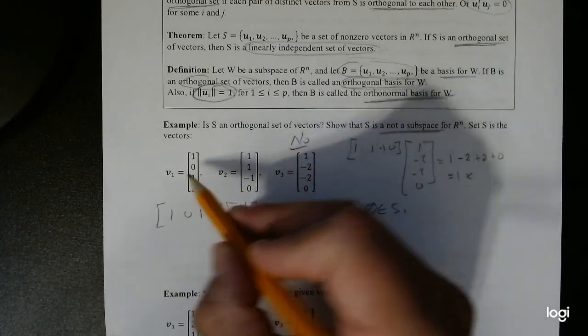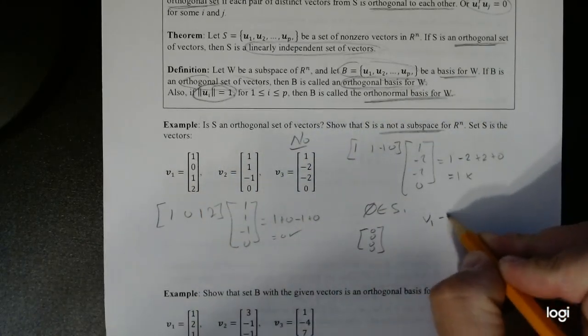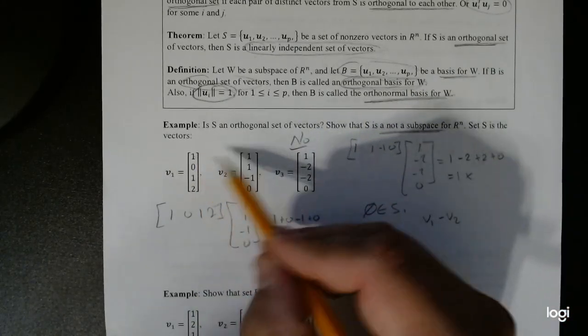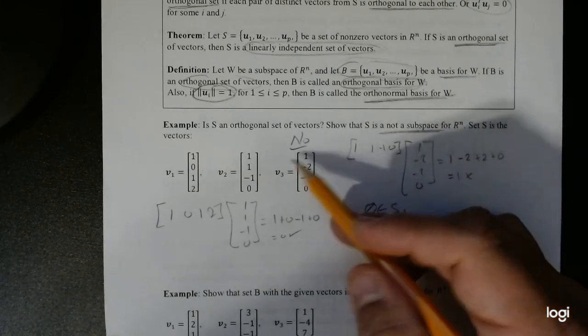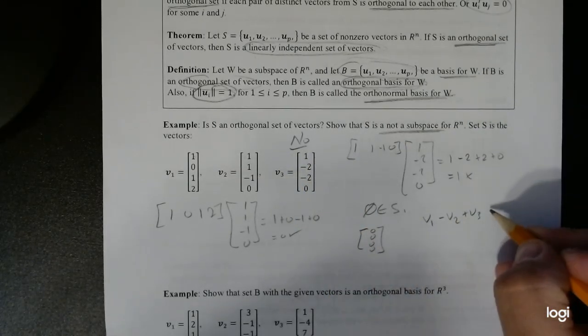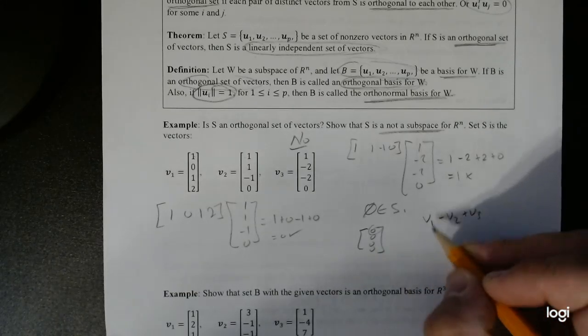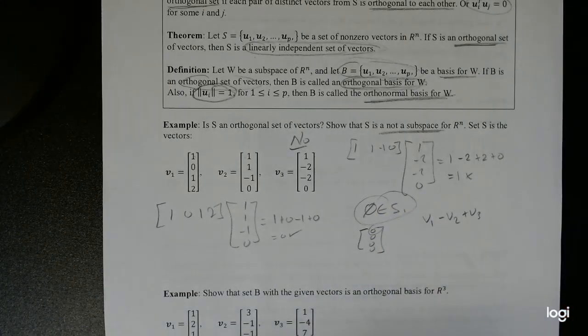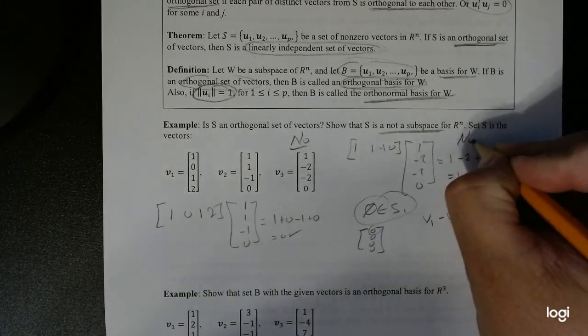Let's say, for example, I do V1 minus V2. Well, the first one gives you 0. However, I have to have V3 somewhere, and if I add it, that gives me 1 on top, not 0. So we know that the 0 vector is not in there, so this is also a hard no.